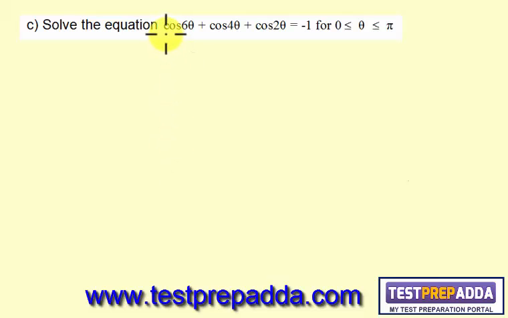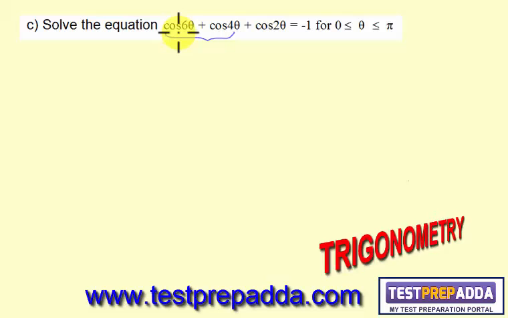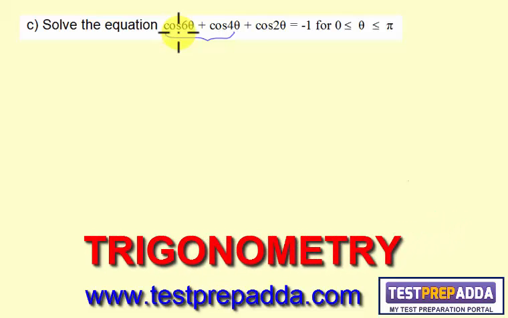So here we will combine these two, using cos C plus cos D is equal to 2 cos (C plus D) by 2 into cos (C minus D) by 2. So it will be converted into 2 cos 5 theta into cos theta, plus cos 2 theta, and this minus 1, if I take it to the left hand side, it will become plus 1.